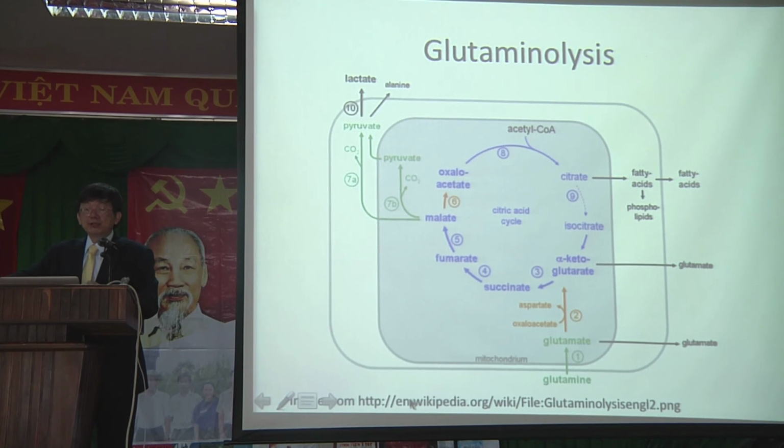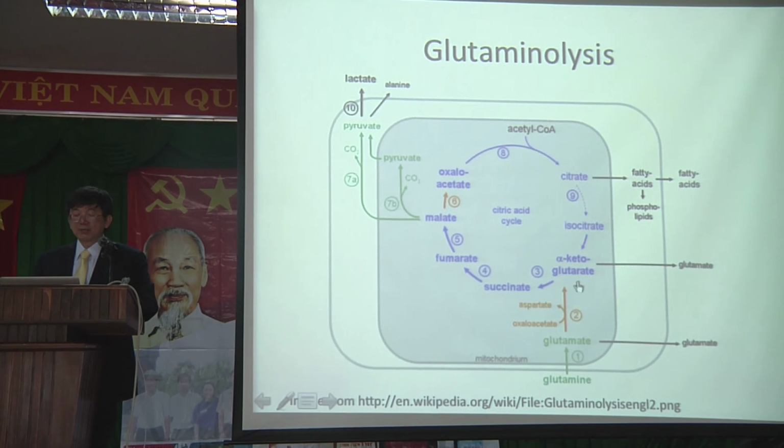And the glutamine is going to supply the cells through glutaminolysis. Glutaminolysis is this pathway that is connecting the glutamine to the glycolytic pathway. So glutamine is taken up into the cells and is metabolized to glutamate.